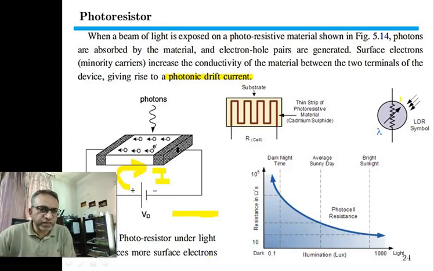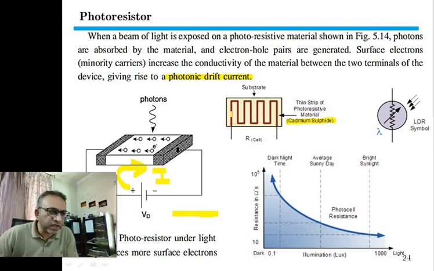Now we see this symbol of the photoresistor and the physical construction of the photoresistor, that is the substrate, and this strip line, a thin strip of photoresistor material. This is the place where we have the cadmium sulfide.